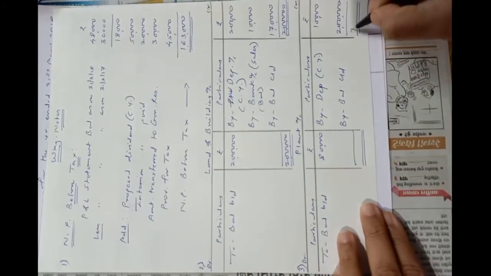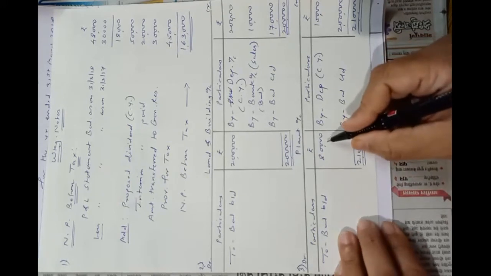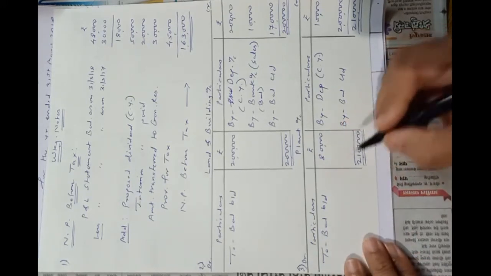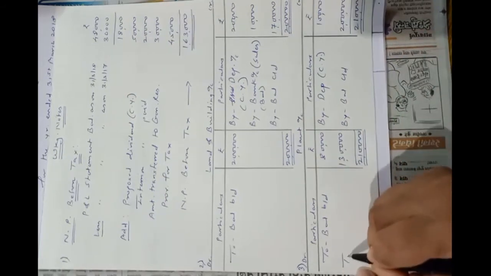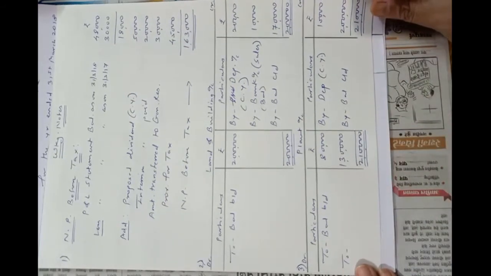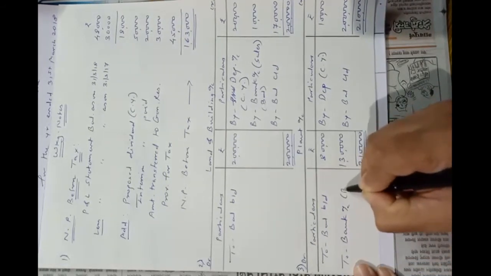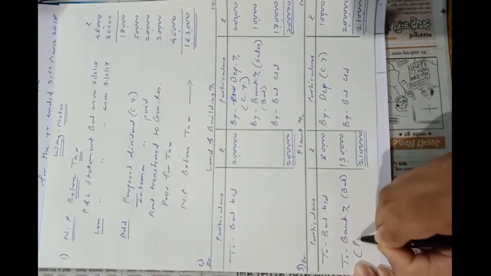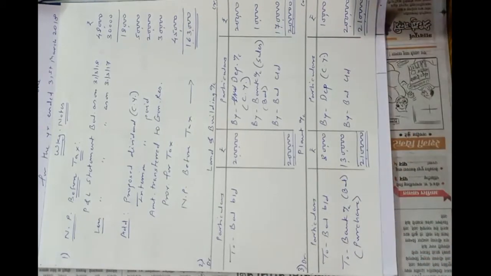Credit total is 2,10,000, minus 80,000. So the difference is 1,30,000 on the debit side. So it means they have purchased new plant. So to bank account, this is the balance, and it is purchase of plant.